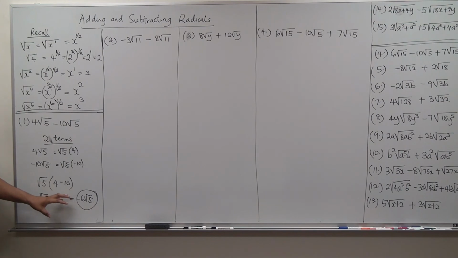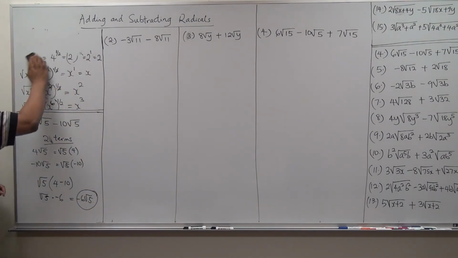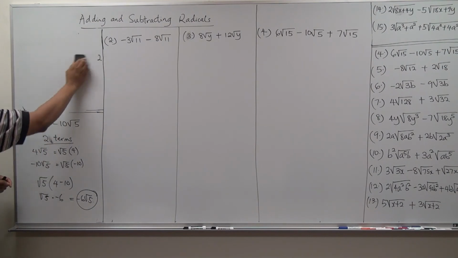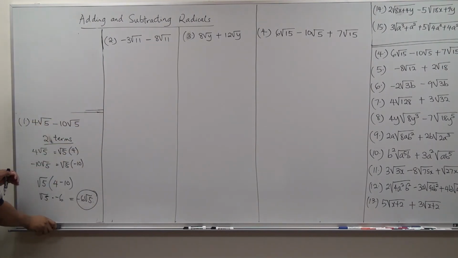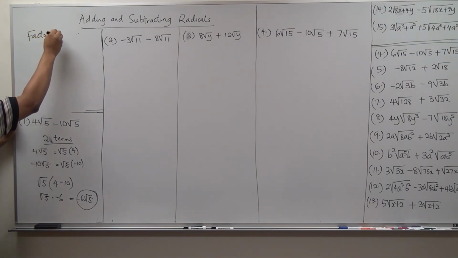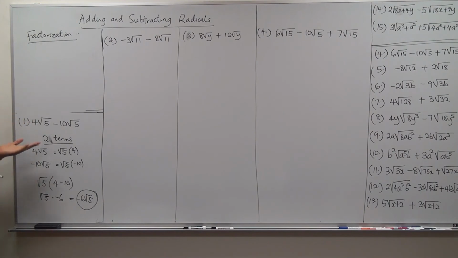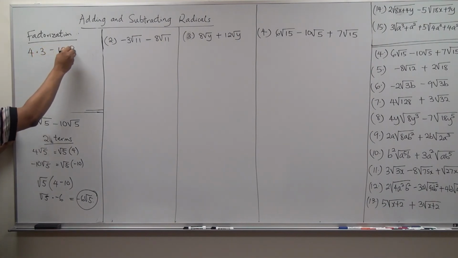This method is called factorization, and we shall use factorization for the most part. Let's say you have 4 times 3 minus 10 times 3.